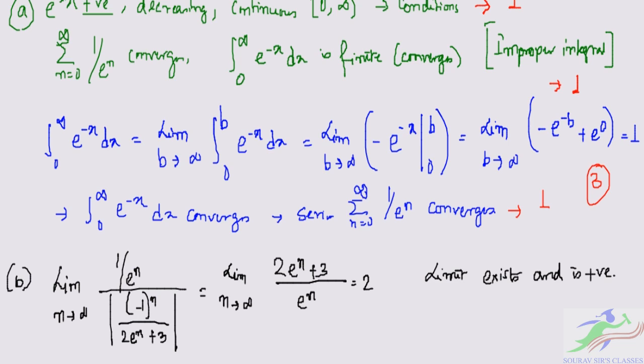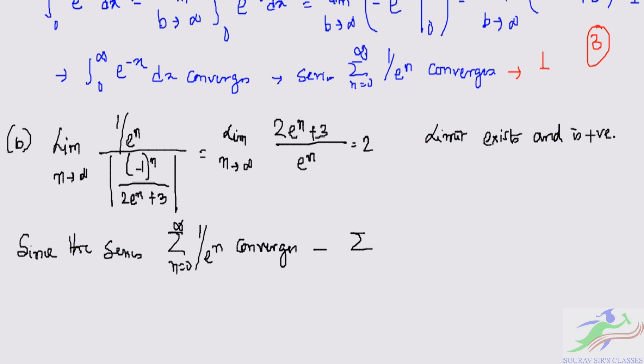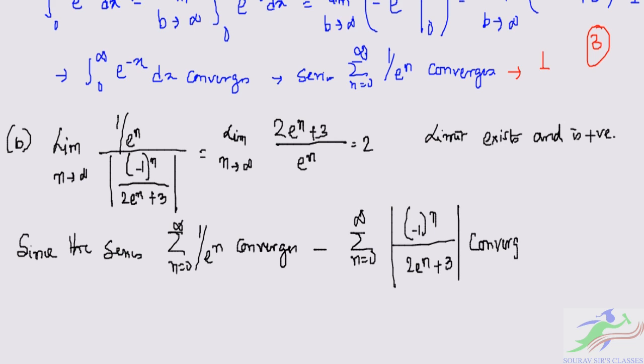Therefore, since the series summation of n equal to 0 to infinity 1 by e to the power n converges, the series summation of n equal to 0 to infinity of the absolute value of minus 1 to the power n by 2 e to the power n plus 3 also converges by the limit comparison test.